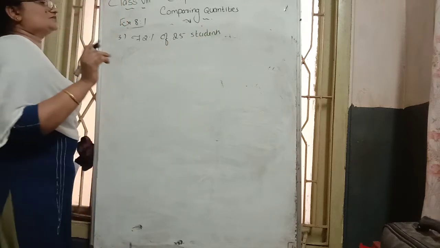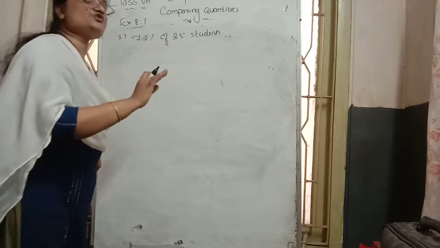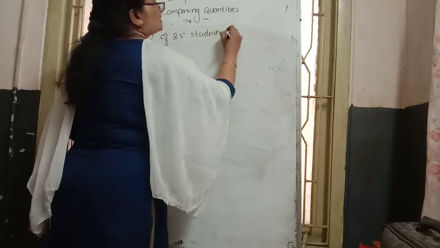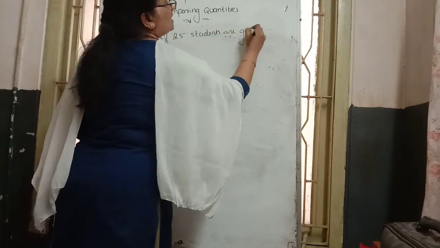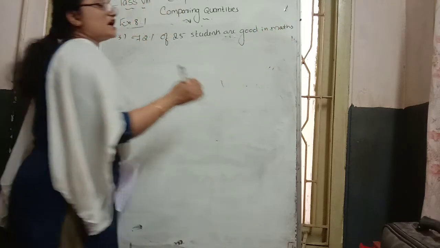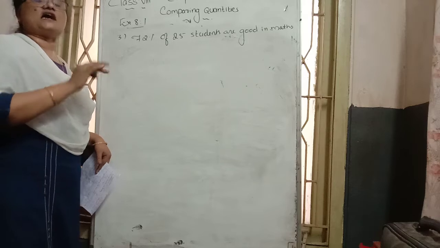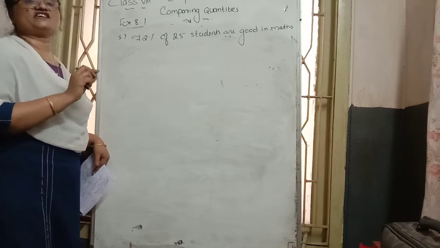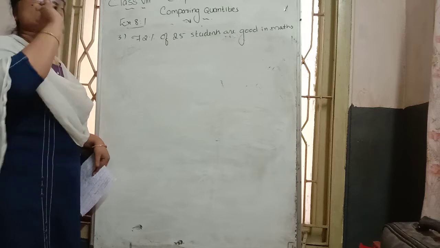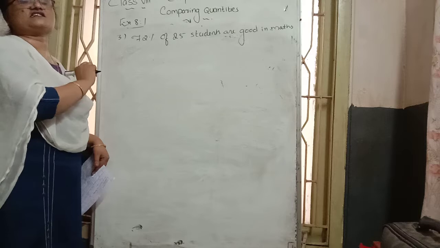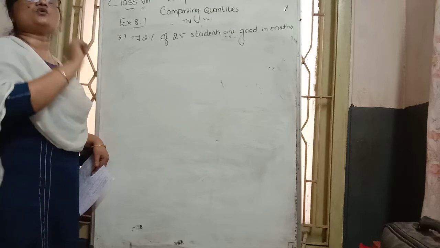In those 25 students, 72% of the students are good in maths. The question asks: how many students are not good in maths? Not percentage wise, the number of students is asked.